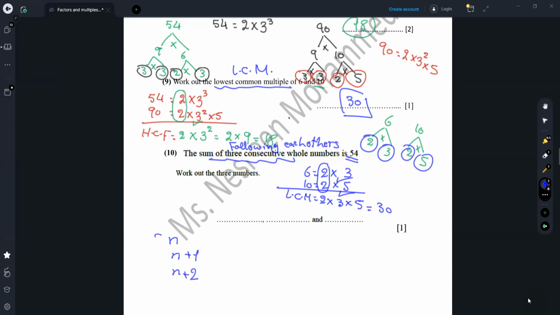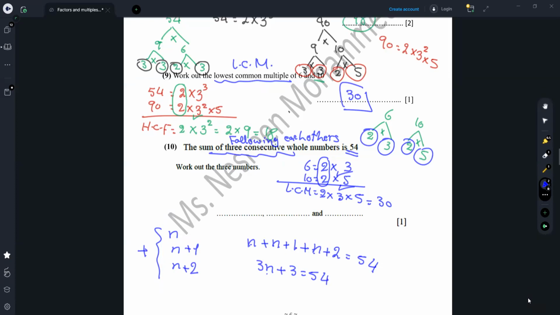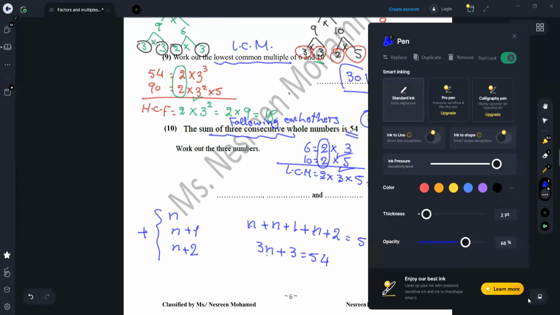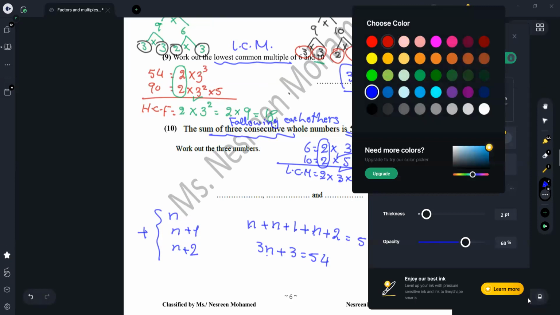So the sum of them, if I add them, n plus n plus 1 plus n plus 2 equals 54. N plus n plus n, this is 3n. Plus here 1 and 2, this is 3, and this is 54. So what shall we do here?